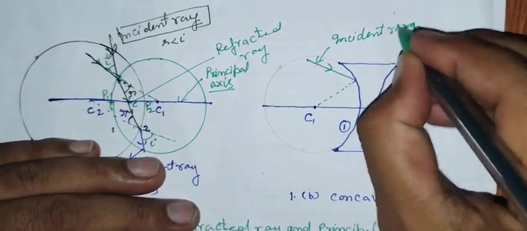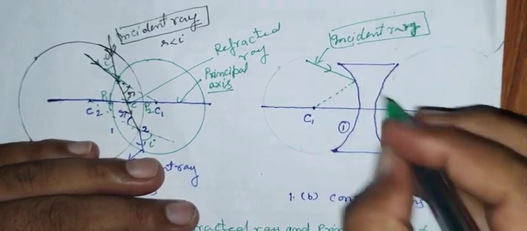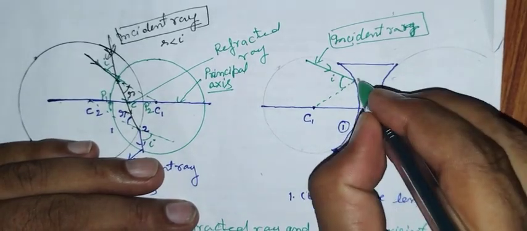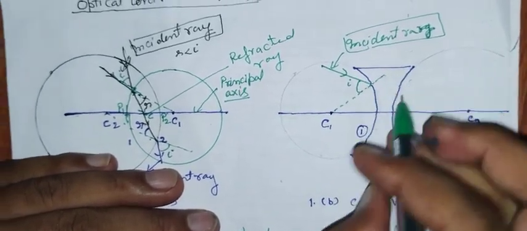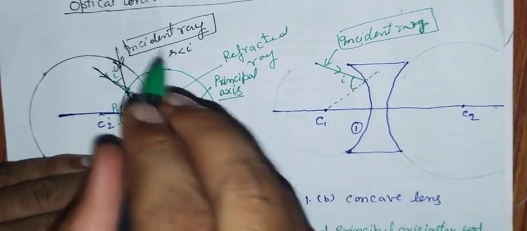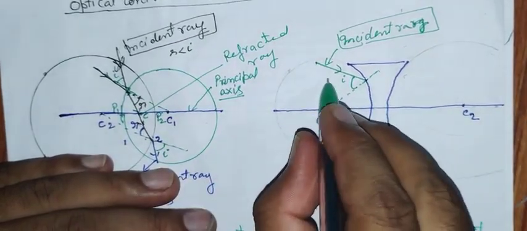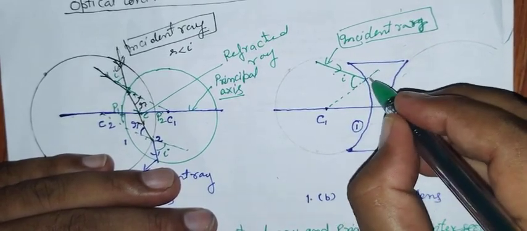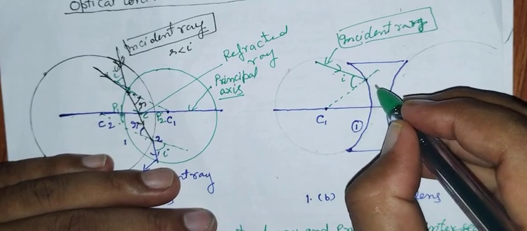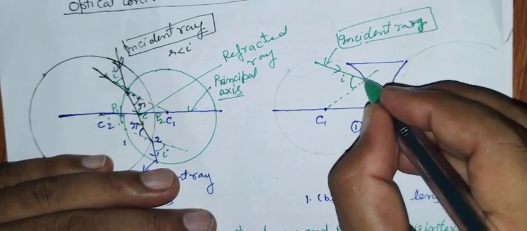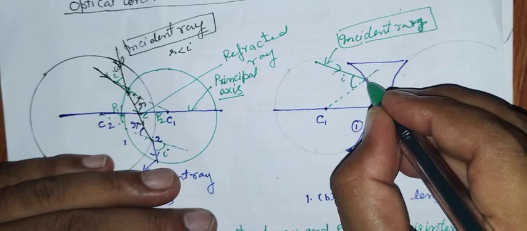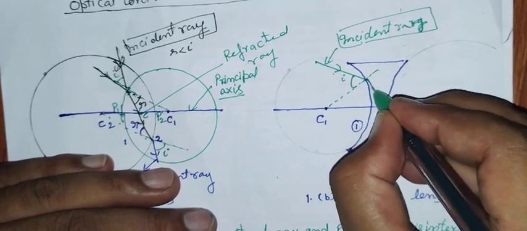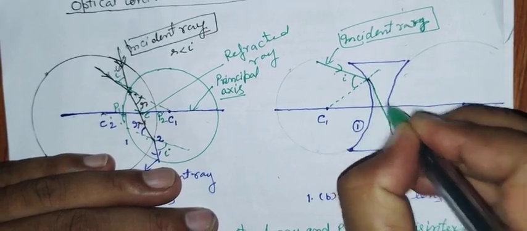This is the normal, this is the angle of incidence. When a ray of light moves from a rarer medium to a denser medium, it bends towards the normal. So see very carefully, the phenomenon of refraction takes place here.